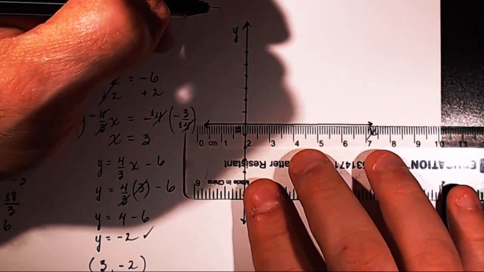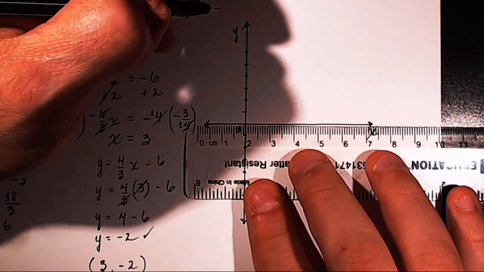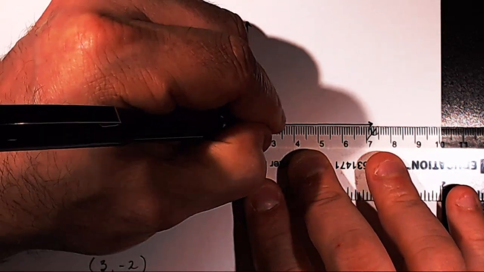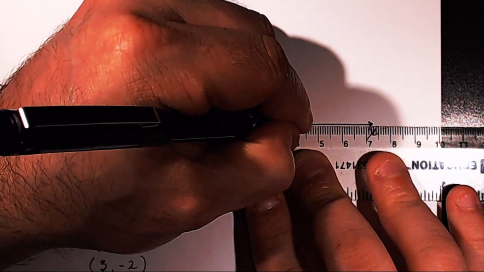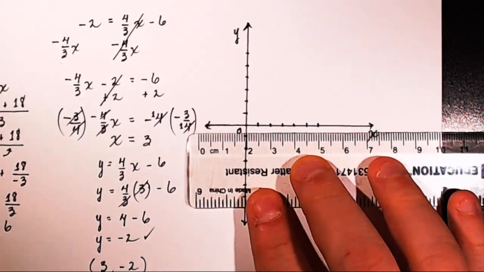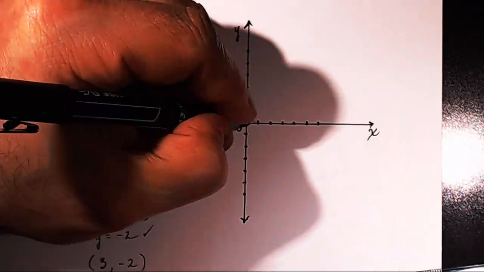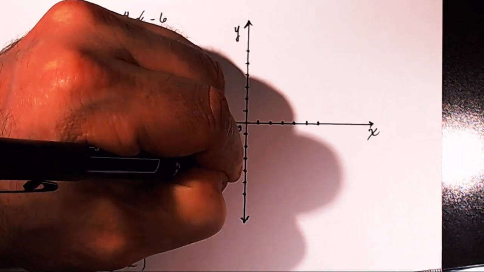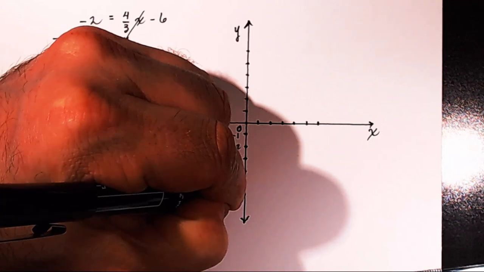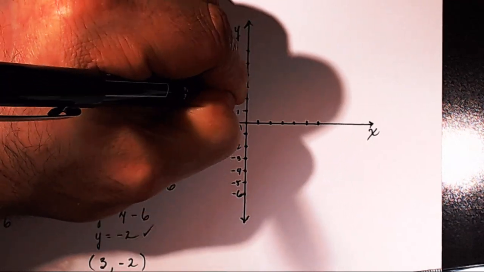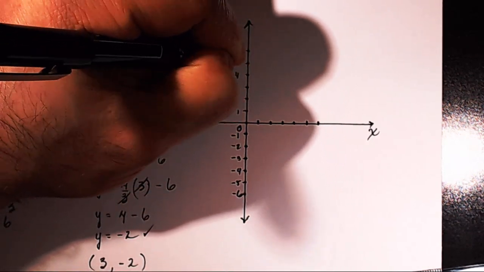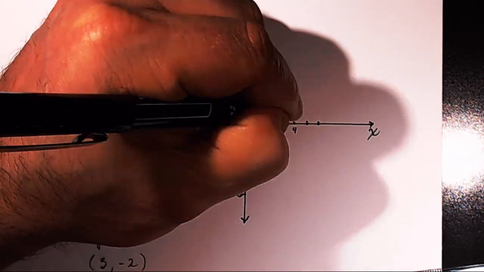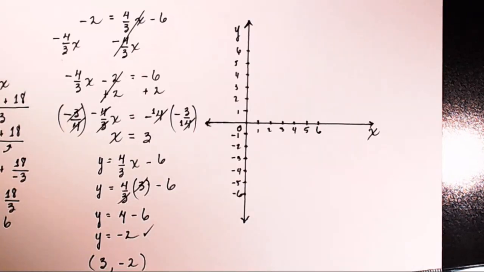And then same thing here, 1 through 6, and negative 1 through negative 6.